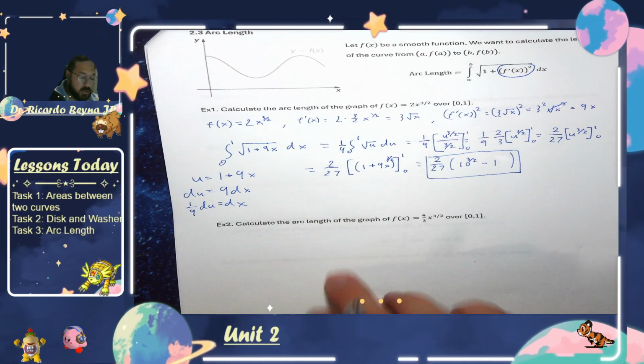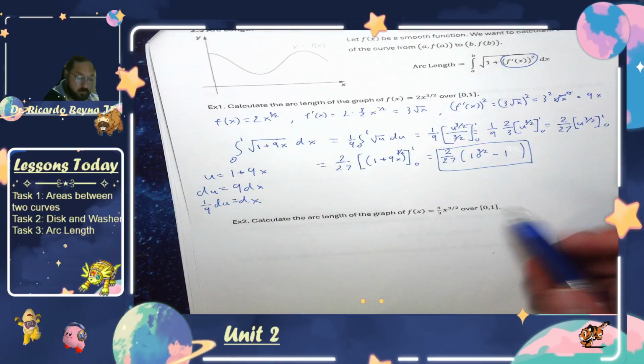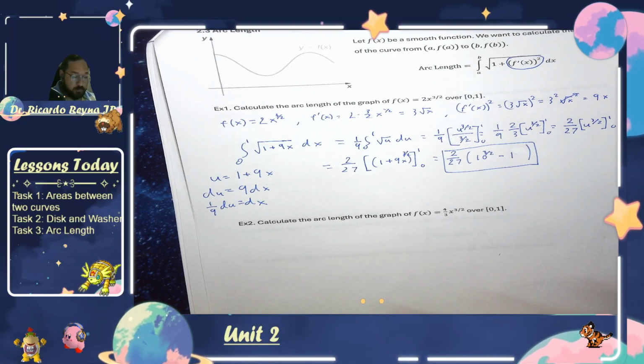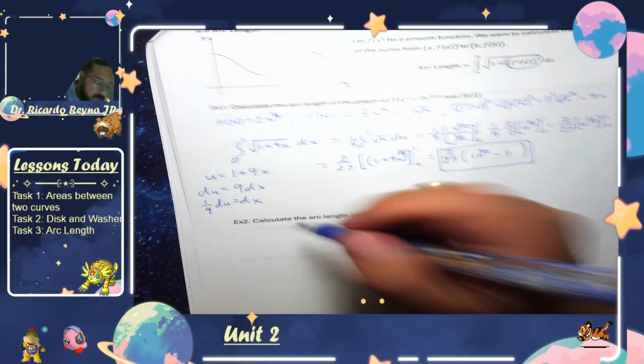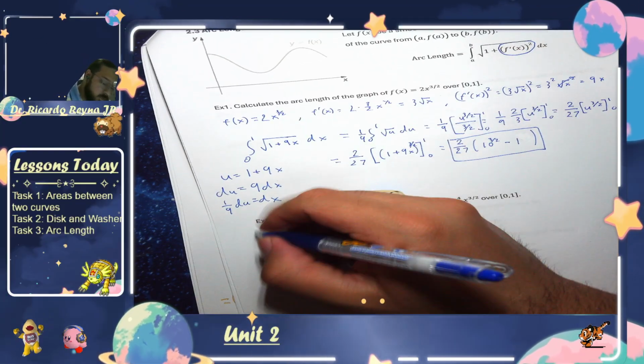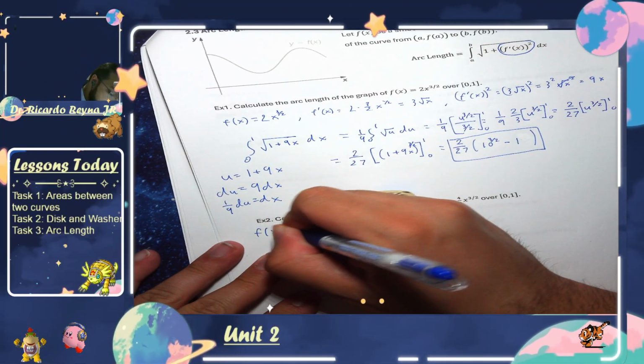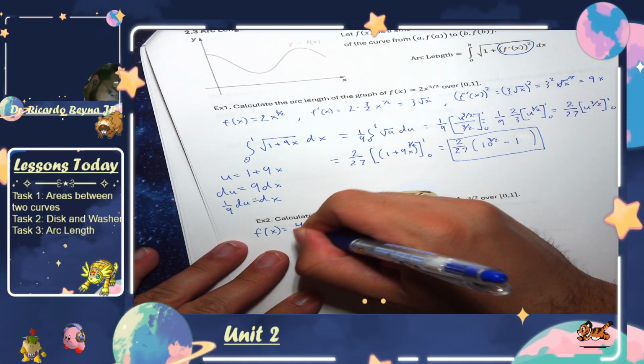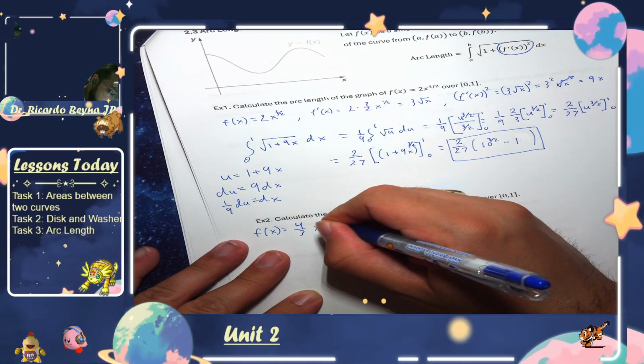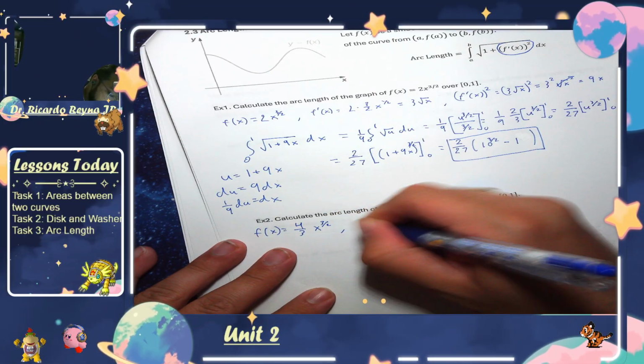All right, calculate the arc length of the graph, this, over 0 to 1. Similar vibe, I like to figure out the whole expression. F of x is equal to 4 over 3, x to the power of 3 over 2.